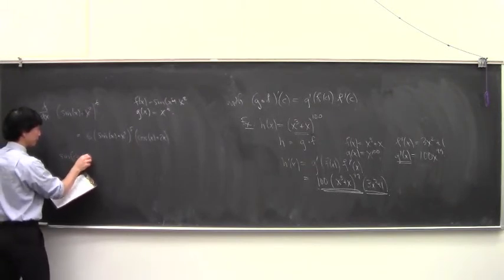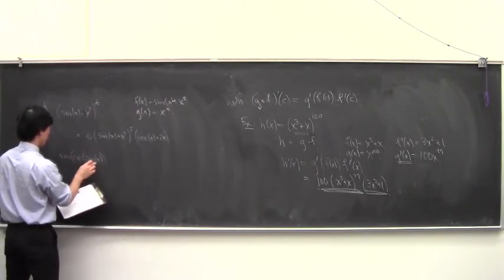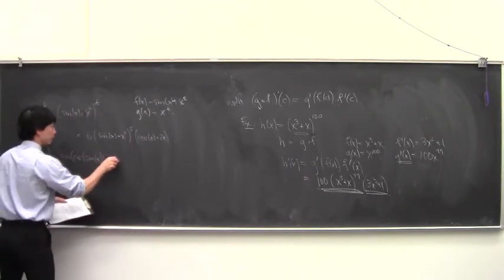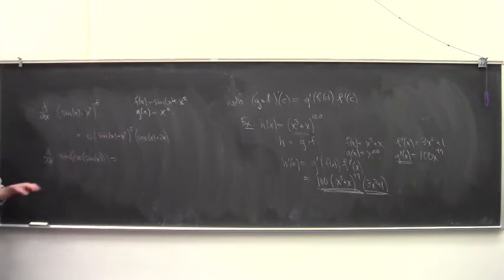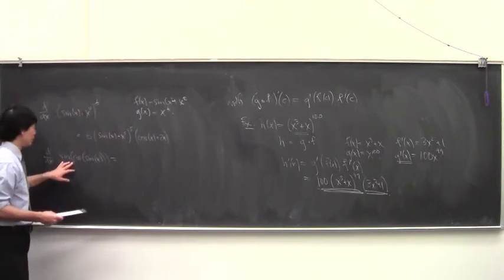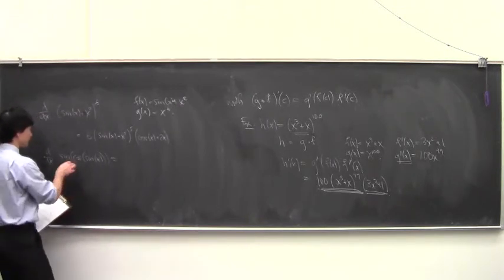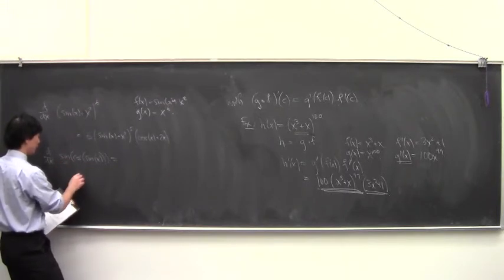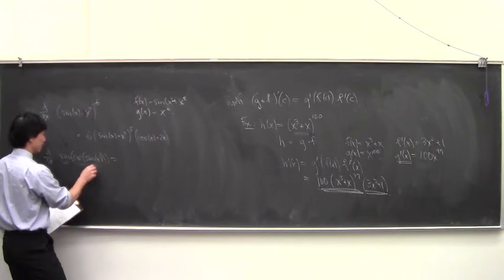Okay, let me do a triple. Suppose we have something like this, a composition of three functions. It's no more complicated than the previous one. Here's your outside function, and let's take this as our inside function.